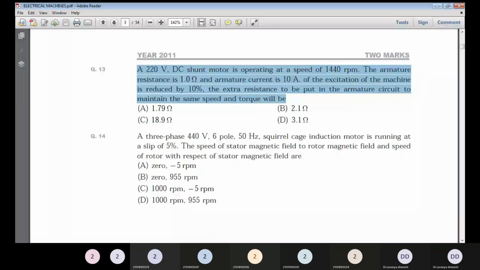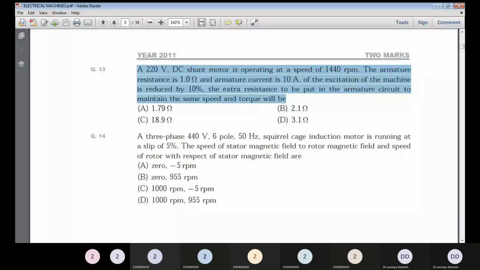The IA value we will be calculating from phi2 and phi1.